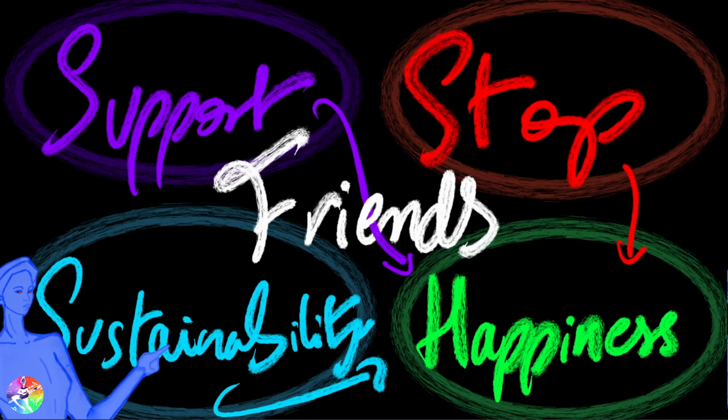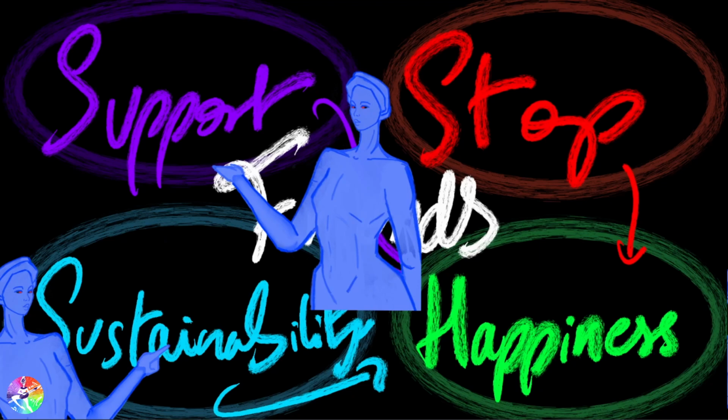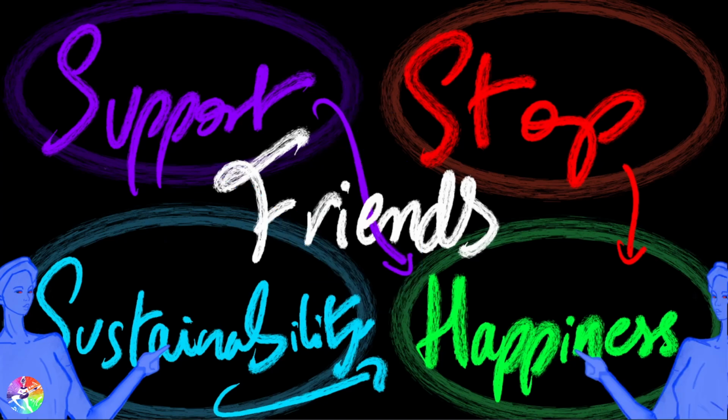Friends should always stop, oppose, attack the main character because they're supporters. That's the main reason why they will stop the main character. And that's because friends are meant to lead your character to happiness.